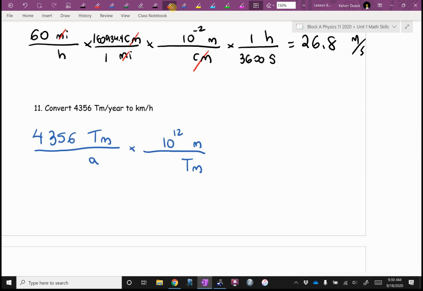Okay. Now, if I stopped here, that would be meters per year. I want kilometers per year. So I guess I'm going to put the M on the bottom to get it to vanish because it's on the top in the original fraction. And kilo. Camille, what's kilo? 10 to the?